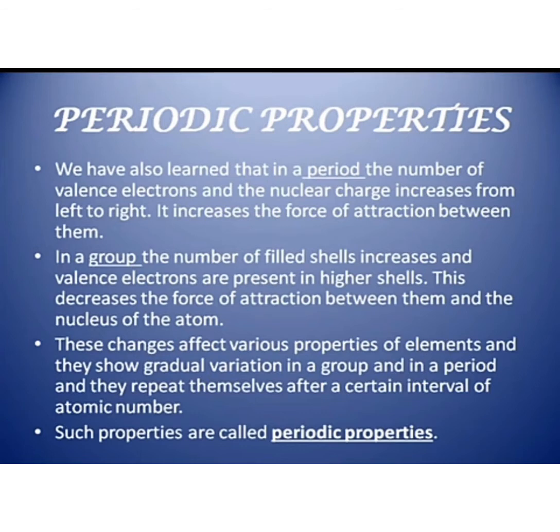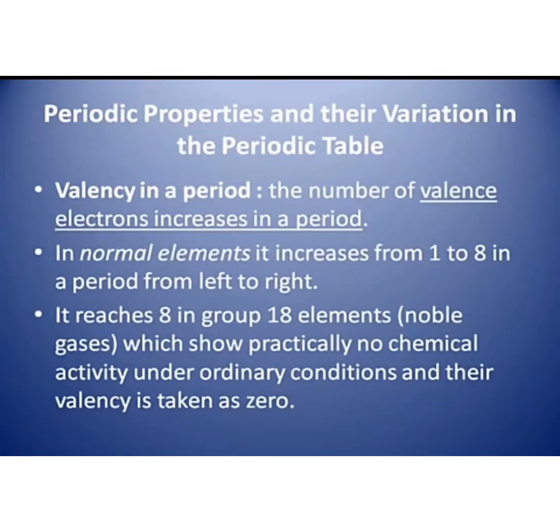Let us discuss the periodic properties and their variation across a period and a group. The number of valence electrons increases in a period. It increases from 1 to 8 from left to right. It reaches 8 in group 18, which shows practically no chemical activity under ordinary conditions, and their valency is taken as 0.